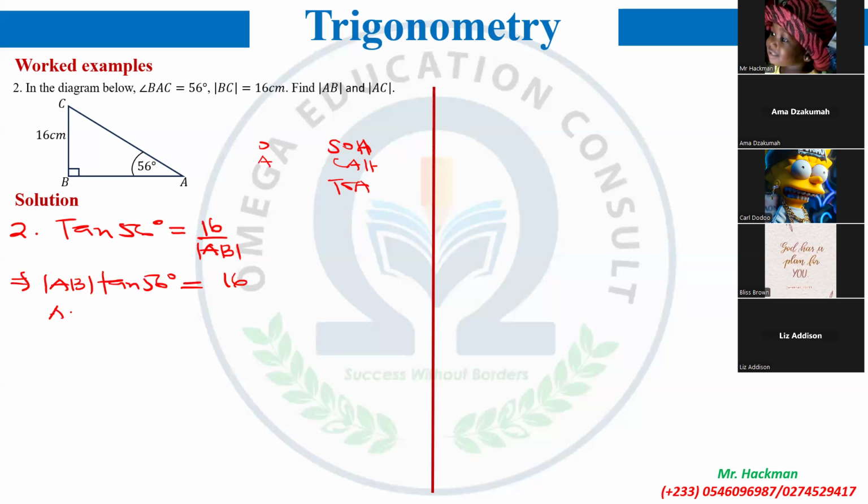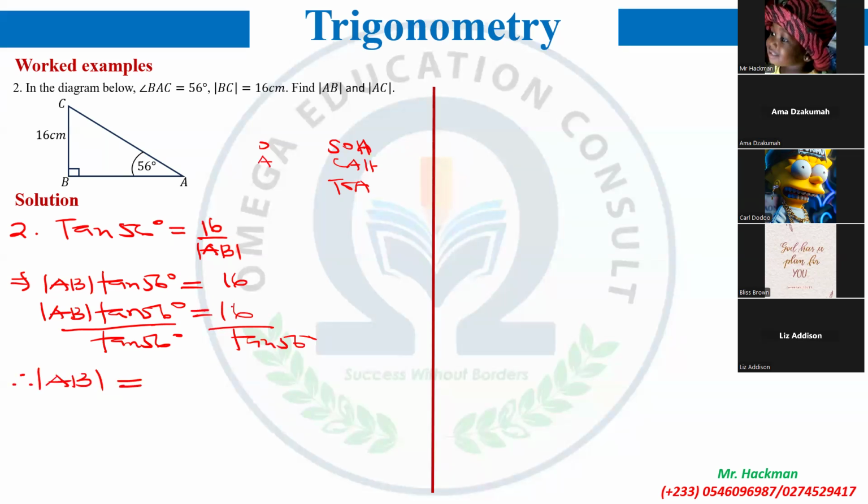So tan 56 degrees times AB over tan 56 degrees equals 16 over tan 56 degrees. Therefore, the length of AB will be equal to 16 over tan 56 degrees, which you calculate straight away with only one approximation. Is my point well made?